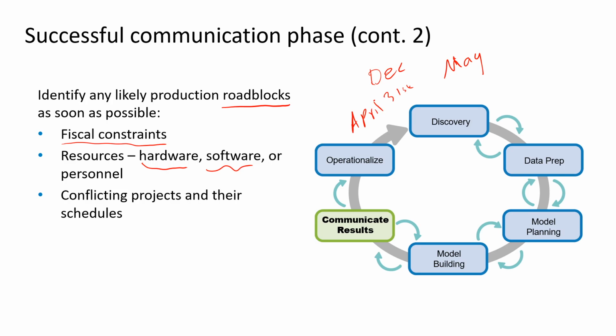maintaining your software? And something that is very important is the conflicting projects and their schedules. There are some projects that have higher priority, and you can see how fast priorities can change, and how fast schedules of people are changed completely.